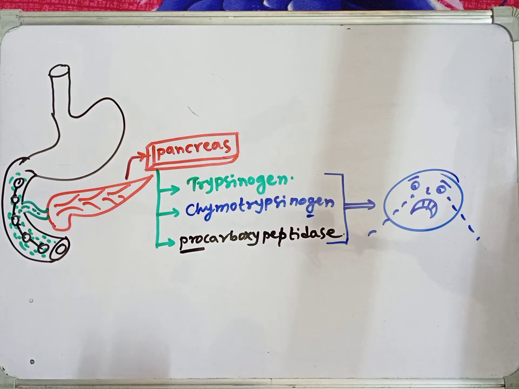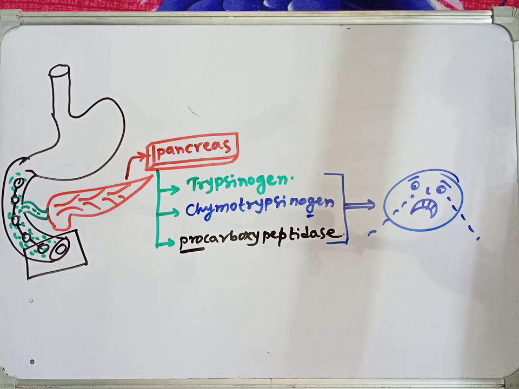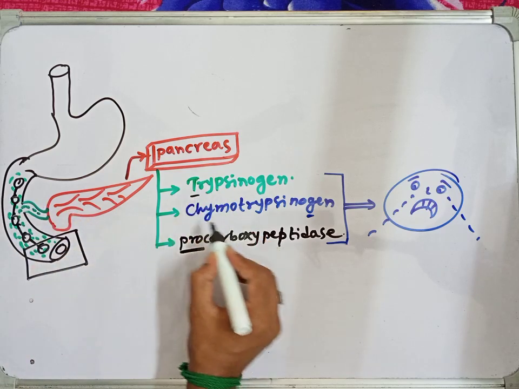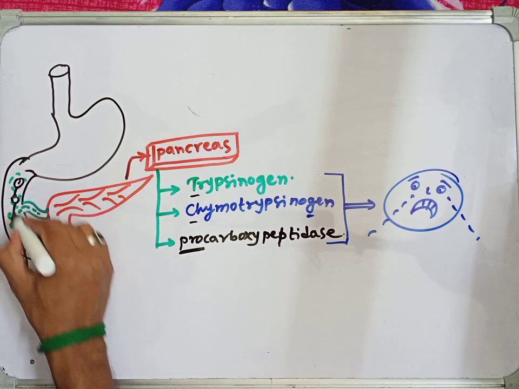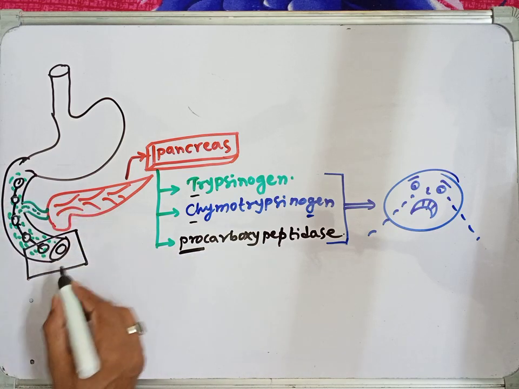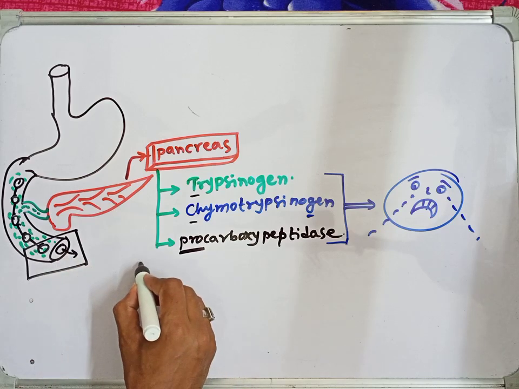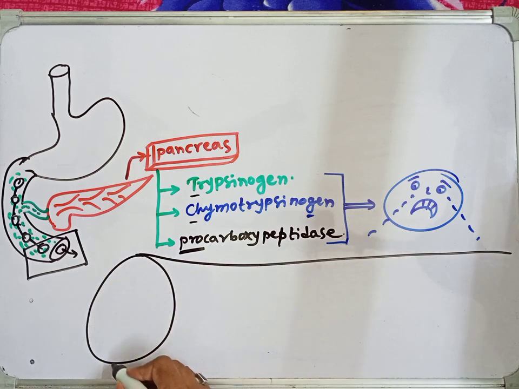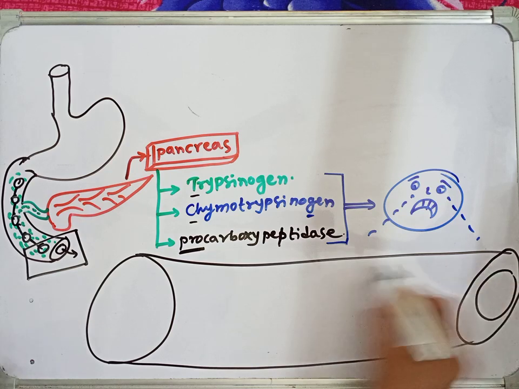And now the next idea is that we need to zoom in on this area. We need to zoom in on this duodenum part, where this pancreatic juice, that means trypsinogen, chymotrypsinogen and procarboxypeptidase, as well as the fragmented partially digested protein run, right? So this area, we need to draw in a larger fashion. That is your intestine.